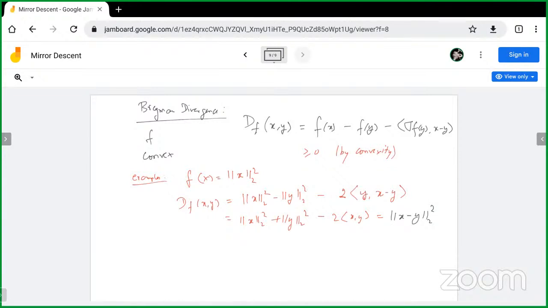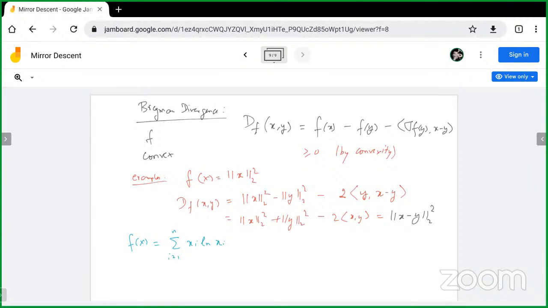Let's do one more, again for negative entropy. Does anyone know the answer? This is the KL divergence.